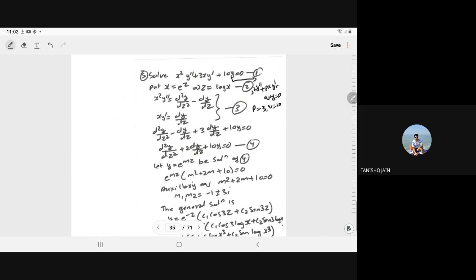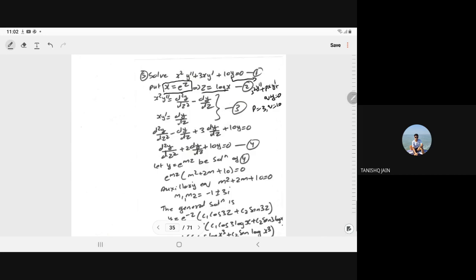They are constants. For that equation I have told you we substitute x is equal to e to power z to transform the independent variable from x to z. So this will give you z is equal to log x.